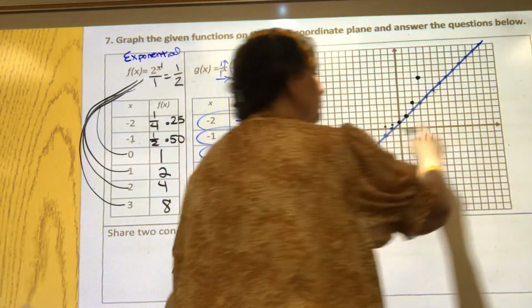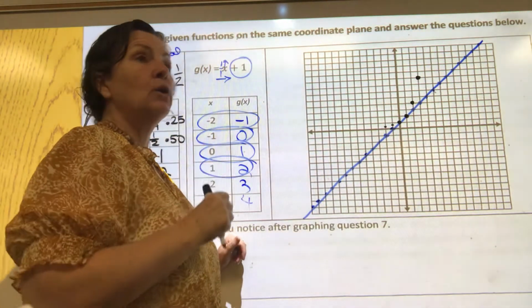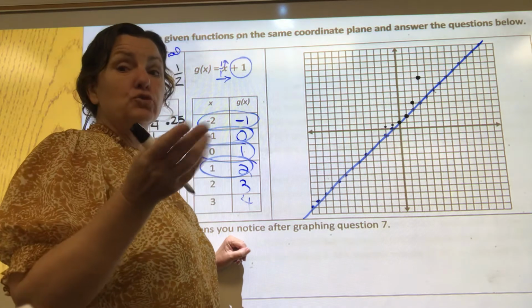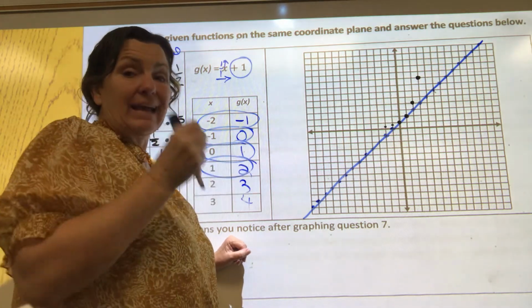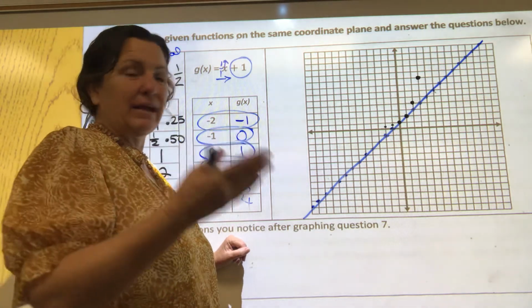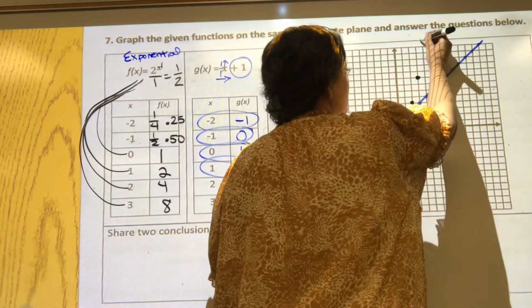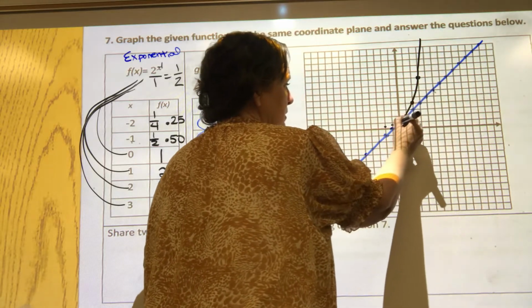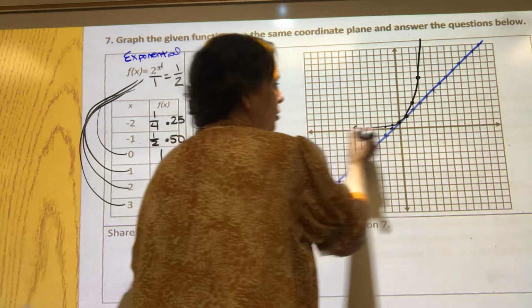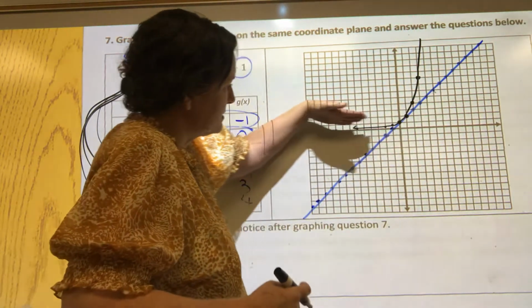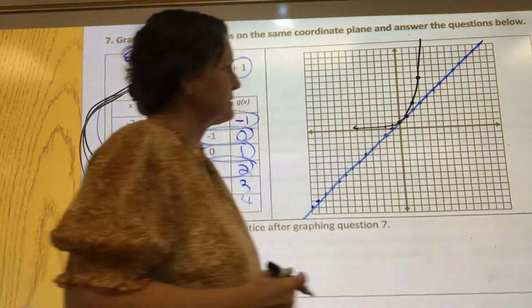This invisible boundary is called an asymptote, which is a word that you'll study in Algebra 2 Trig, which just means an invisible line that cannot be crossed. It's like hot lava. When you were a kid and you played that game Hot Lava, don't cross it. So watch how I connect. But don't cross this line. So it should be a curve that skims the surface of this x-axis.